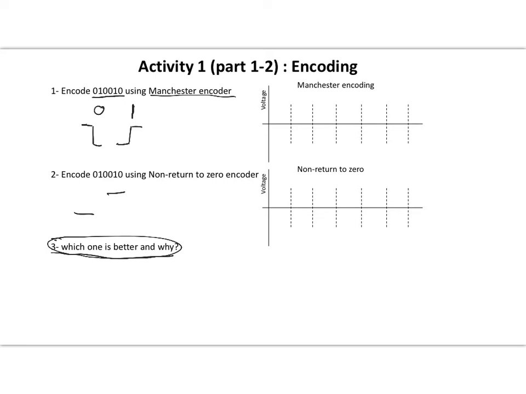I will even allow you to share your screen and try to draw the Manchester encoding and non-return to 0. If you do this, you will get the bonus. I'll give you the chance to solve the activity.